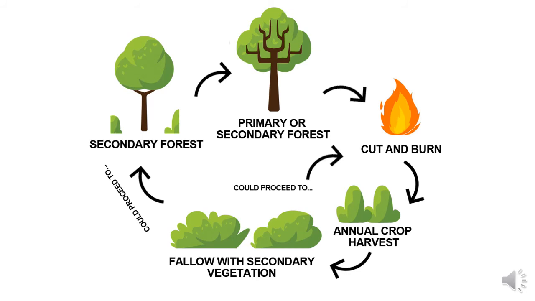But then instead of giving it 10, 15, 20 years to regrow into larger, more mature forests, they are returning to another field that they had farmed maybe only 5 years ago or 3 years ago, right? That has got stuff growing on it, but it's not trees, right?